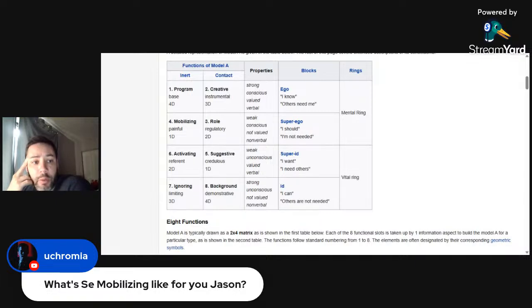Some stereotypes have been thrown around when it comes to the SE mobilized can be getting into more active things like sports, getting into maybe some jobs that become a lot more physical, more active. Some literal cliches are getting interested in combat things, weapons, martial arts, stuff like that.